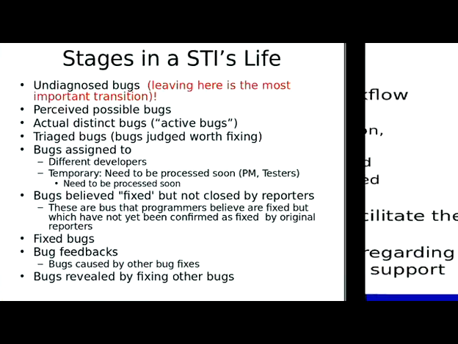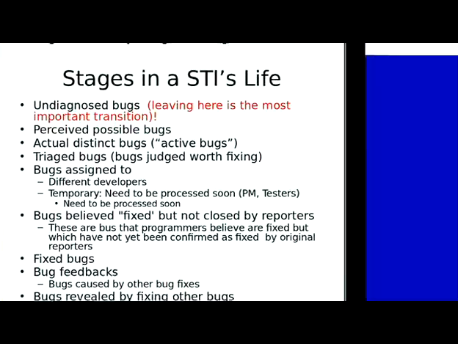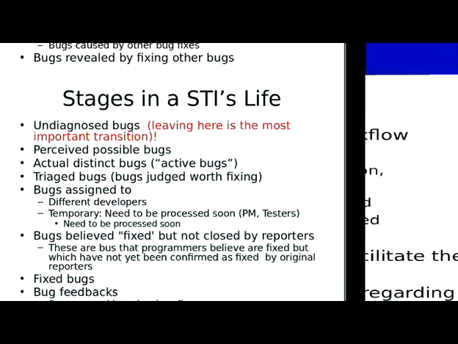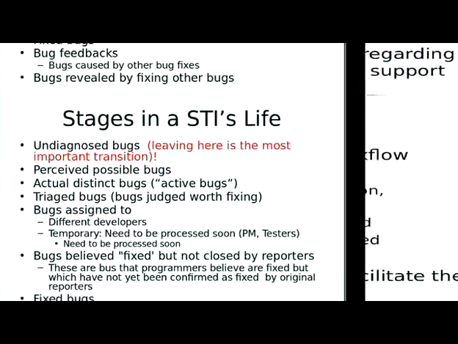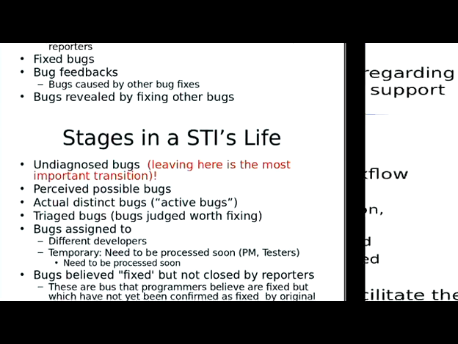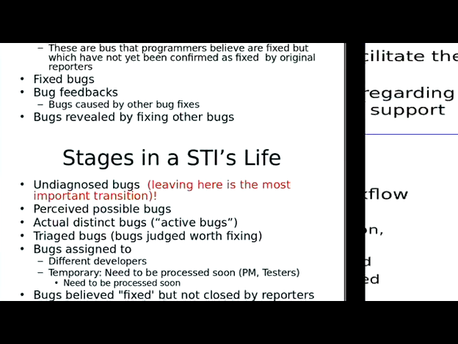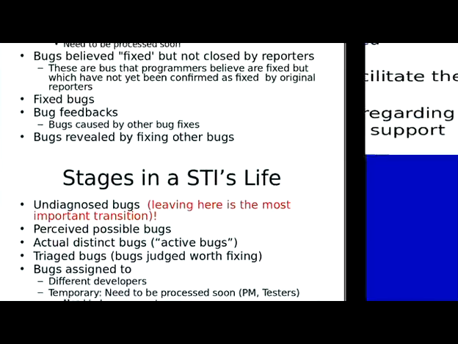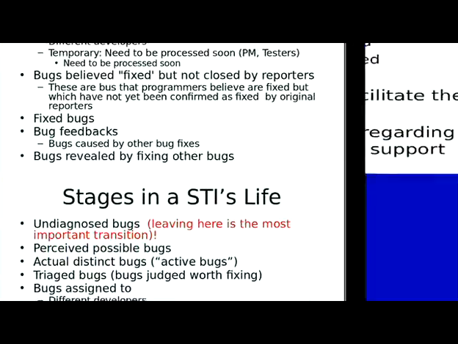And then there's a set of stages: perceived possible bugs, actual distinct bugs, bugs that are actually delineated from each other, that are not just perceived as possible, not duplicates of each other, not outdated, but they're actually distinct bugs.